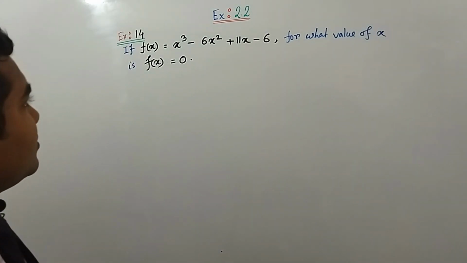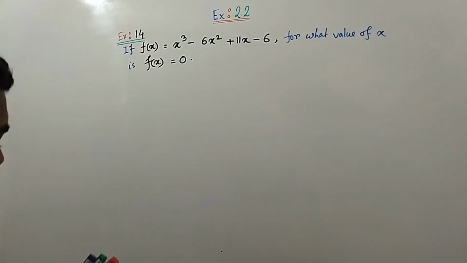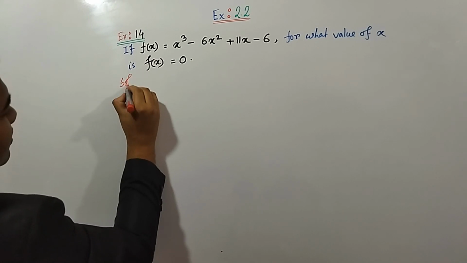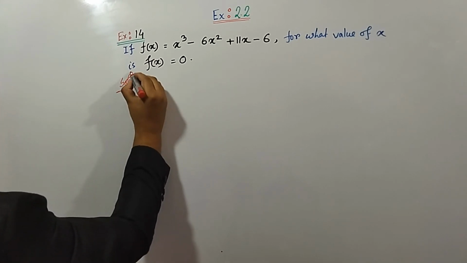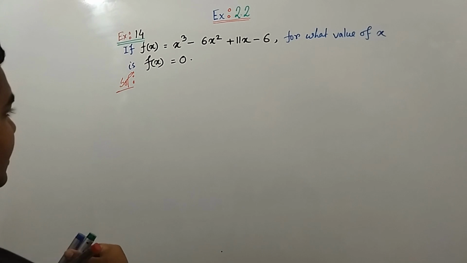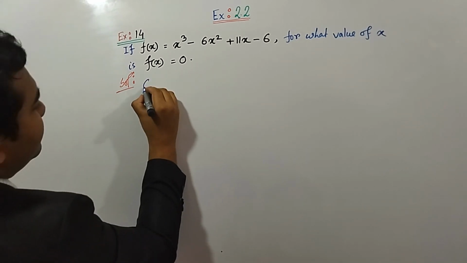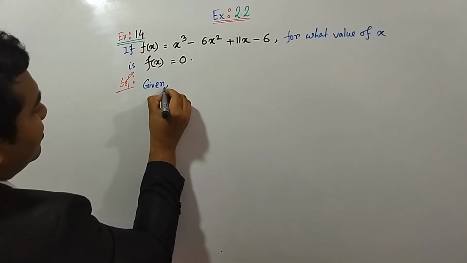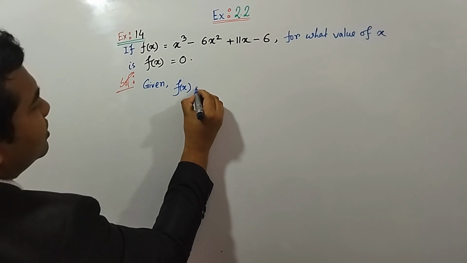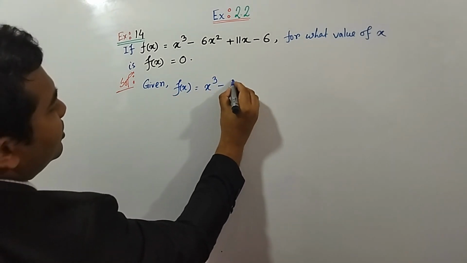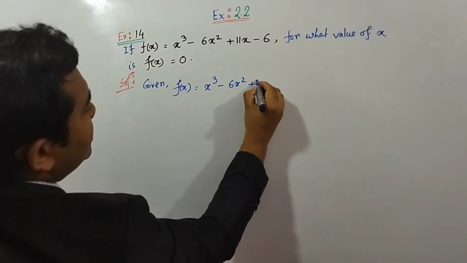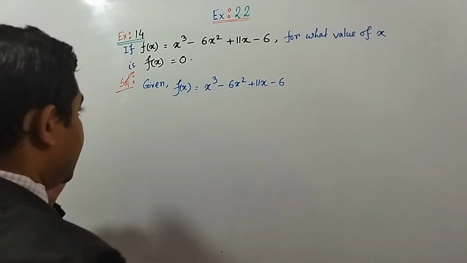So here is given f of x equals x cubed minus 6x squared plus 11x minus 6.